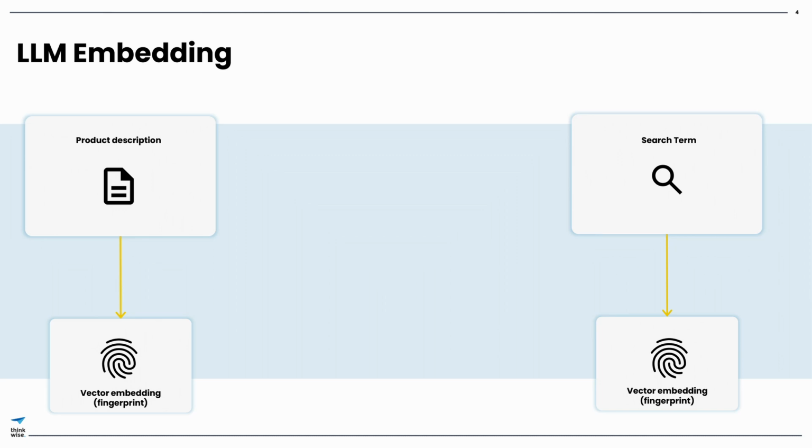That is incredibly useful because that means we have two mathematical representations, two digital fingerprints of pieces of text. We can calculate the difference between these two vectors, and this tells us something about how closely these are related. The higher the number, the closer these two vectors are related according to the large language model.